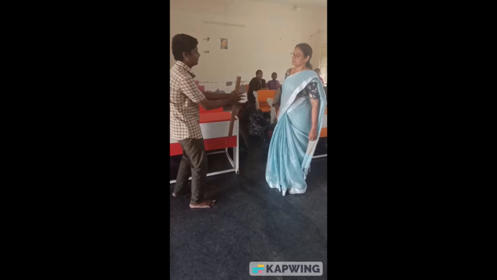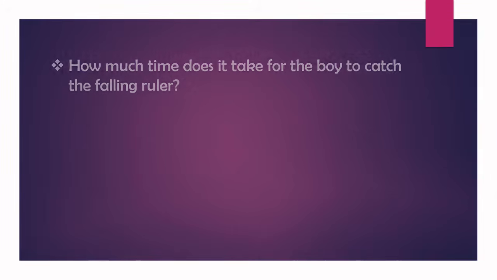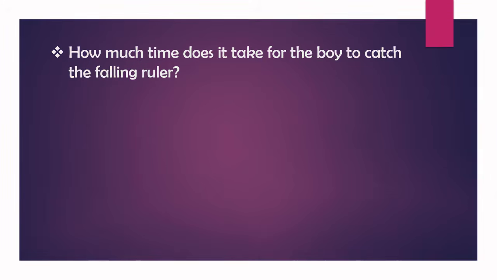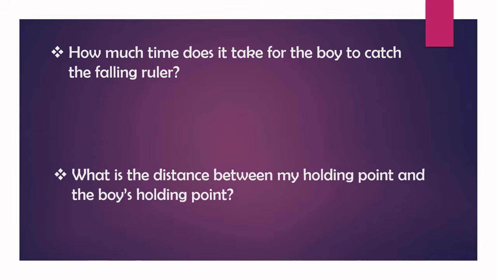After the completion of this classroom activity, the teacher can pose these questions. How much time does it take for the boy to catch the falling ruler? What is the distance between my holding point and the boy's holding point?